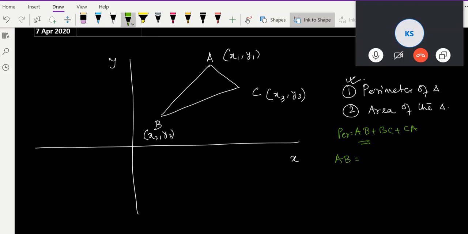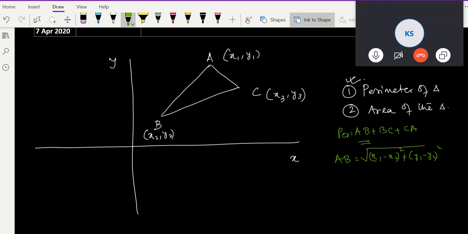It would be the square root of x1 minus x2 squared and y1 minus y2 squared. Fantastic.